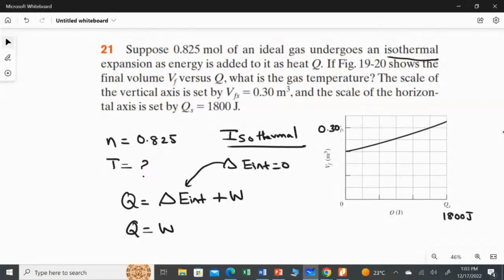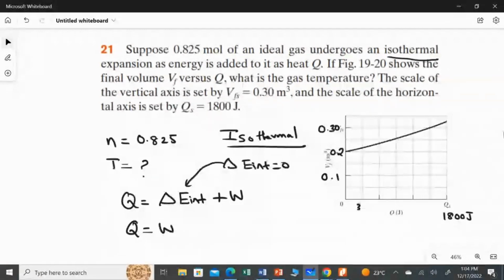Okay. Now I can come to the figure. We have to identify what the value of each box is. Here on the y-axis, the maximum value for the final volume is 0.3, so every two boxes take the value of 0.1 meter cube, and this one is 0.2 meter cube. Likewise, on the x-axis we have the maximum value of the heat energy as 1800, so each box takes the value of 300.